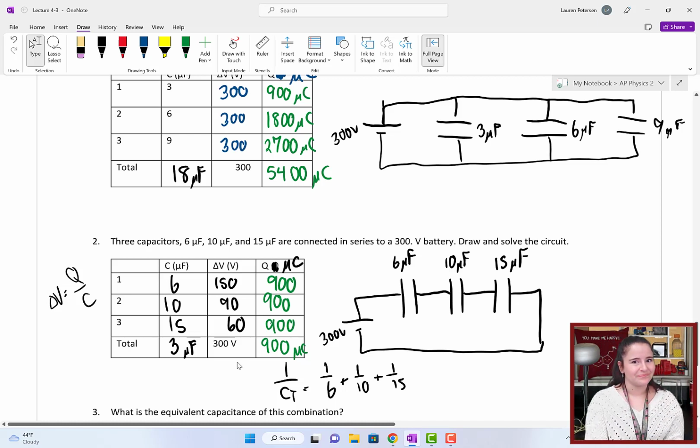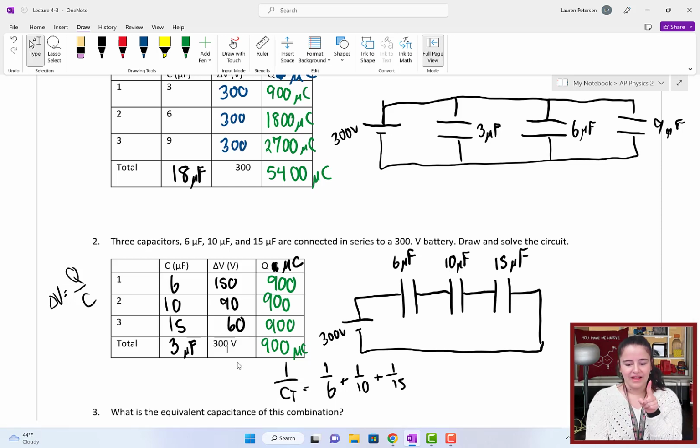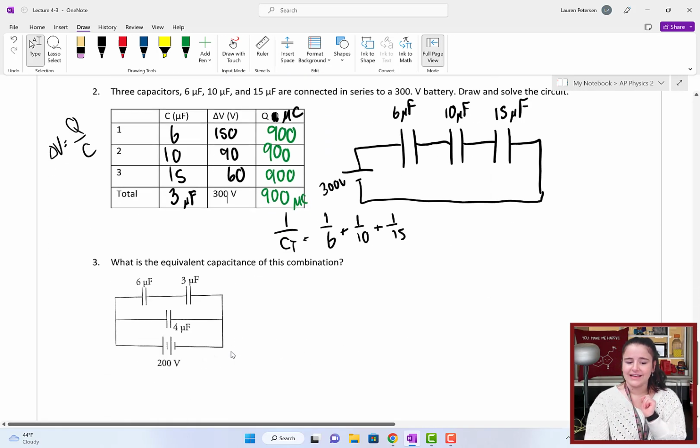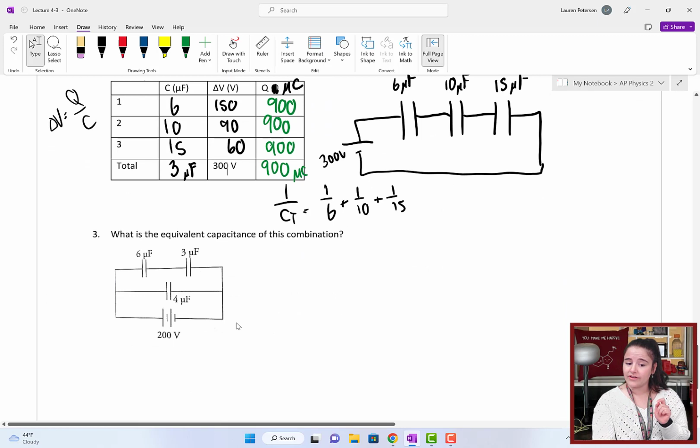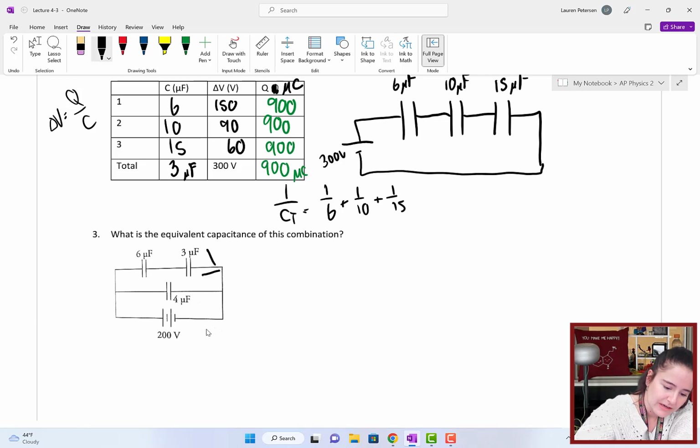Okay, cool. Now, last but not least, let's go ahead and solve for the equivalent capacitance of this complex circuit. In this one, we would first combine these two that are in series. And we would have 1 over C total equals 1 over 6 plus 1 over 3.